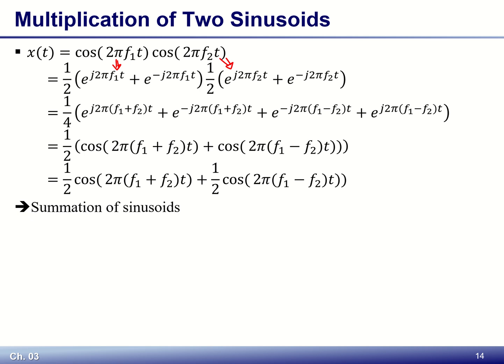There are two terms in the first factor and two terms in the second factor, so we multiply term by term: this will be 1, term 2, here 3 and 4.